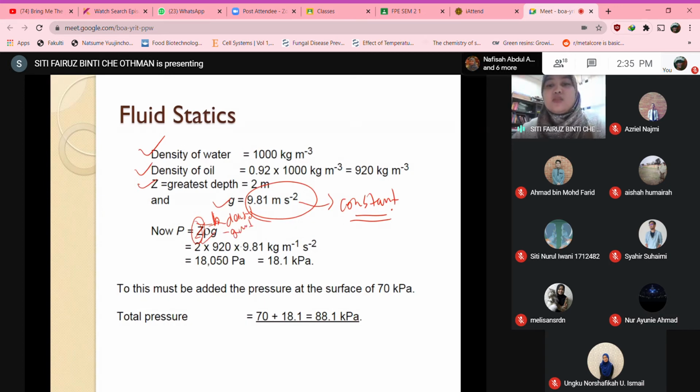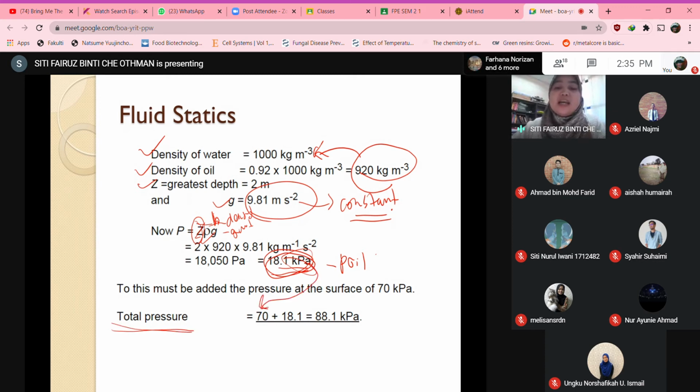So this is 920, which has been calculated, times the density of water, and that's the gravity. So you got this particular pressure. Pressure here is for peanut oil alone. Okay, so you want to calculate the total pressure or the greatest pressure. Peanut oil, you add with the highest point of the tank.